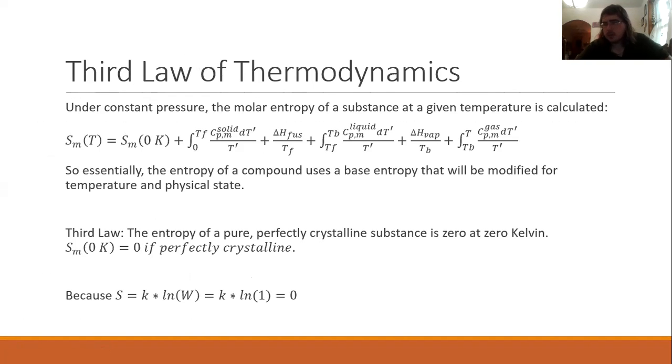Our last law is our third law of thermodynamics. It states under constant pressure, the molar entropy for a substance at a given temperature can be calculated. So we start with the molar entropy for a solid at 0 Kelvin, the starting number, plus we integrate the C sub P over T to our temperature of fusion, and we can calculate the Q over T for fusion, for a phase change.